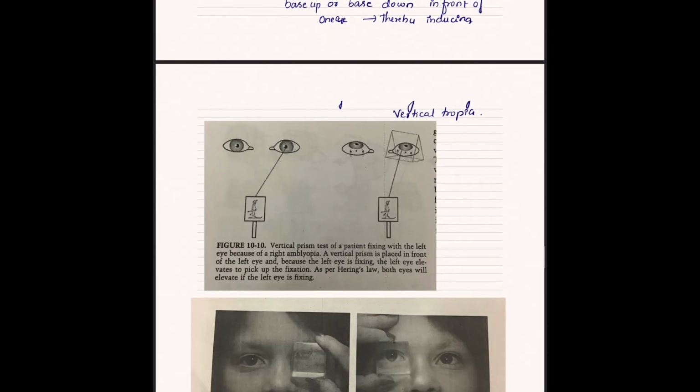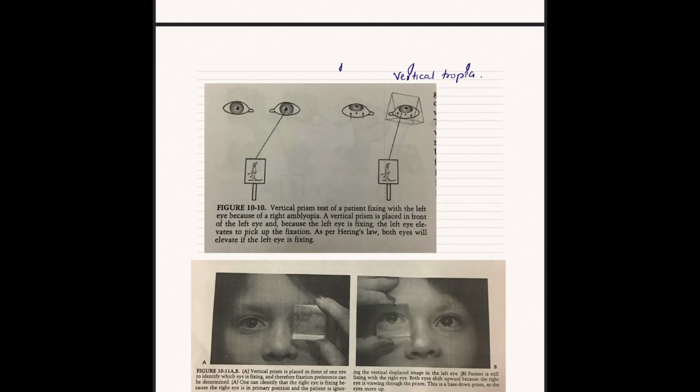There is something called the vertical prism test. Here you place either a 10 diopter or 15 diopter prism, base up or base down, in front of one eye. Imagine this is the right eye and this is the left eye.